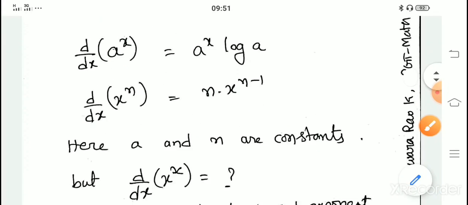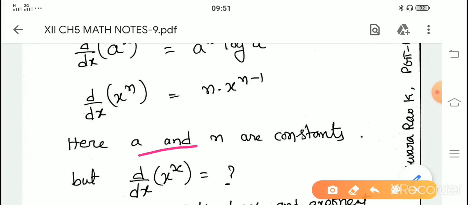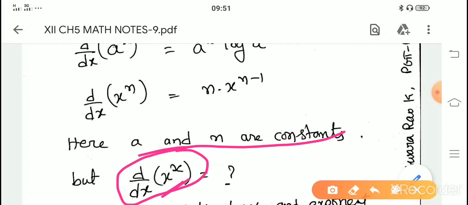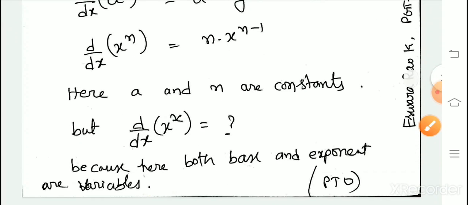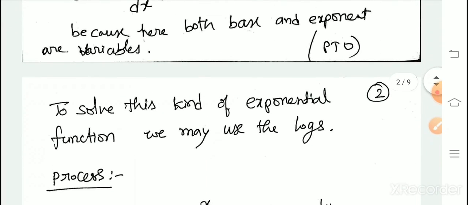Here a and n are constants. But when the case is x power x, variable power variable, both base and exponent are variables. What formula do I need to use? I should know what way I have to solve it, because here both base and exponent are variables.